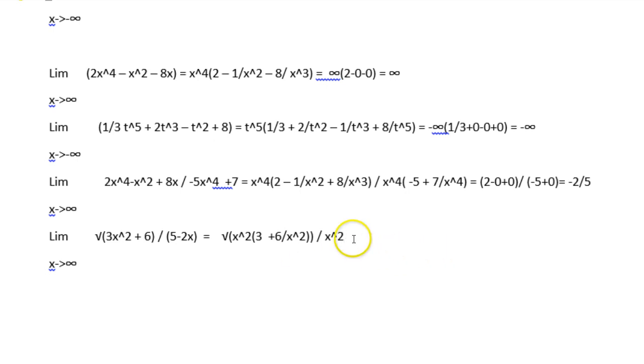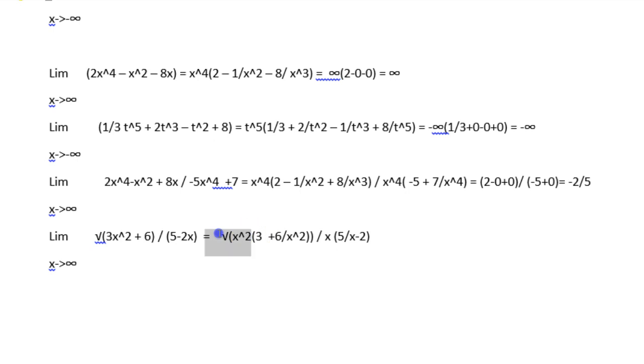Well, in actuality, on the bottom, we're probably just going to divide out an x because that will make our job a lot easier, because we're going to be square rooting an x squared. So that's going to be kind of nice. Well, no, it would be 5 divided by x minus 2. There we go. Making a mistake on it.